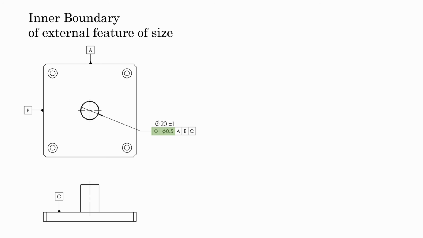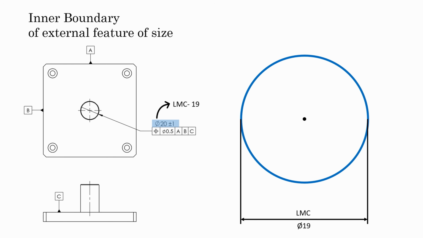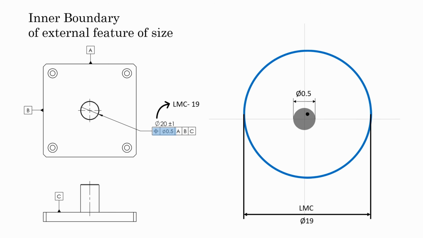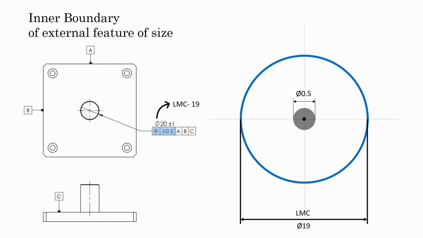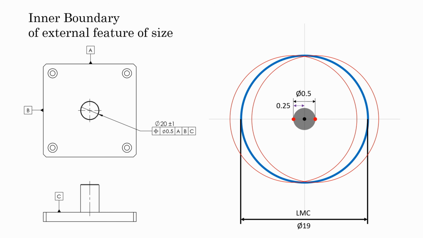For the inner boundary, first off, the LMC of the pin would be considered, which is 19 mm, and here I'm indicating the LMC surface with a blue line at its nominal position with respect to datum A, B and C. As the allowable position deviation is 0.5 mm, this pin center line can shift 0.25 on the left side, 0.25 on the right side from its nominal position, right? And I have indicated this shifted line with the red lines.